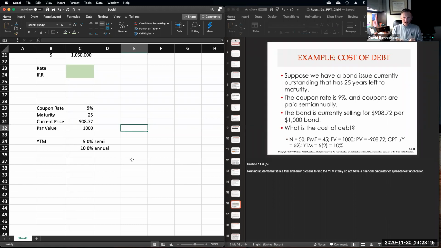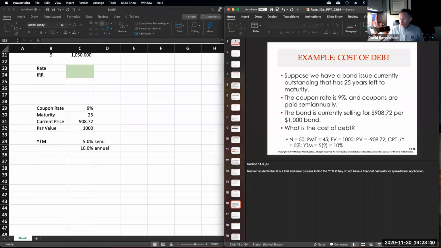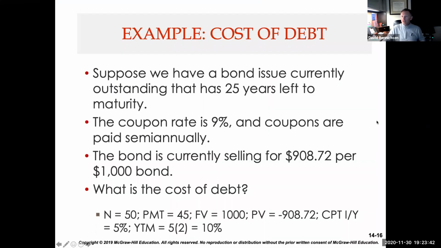If we're going to buy something, we shell out money today. We expect to get future streams of cash flows into the future. We have to discount those back to today's dollars, and therefore we can now equate the internal rate of return to the rate calculation, or AKA yield to maturity. Pretty cool stuff. I love finance.